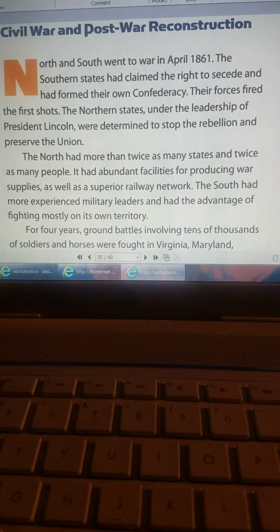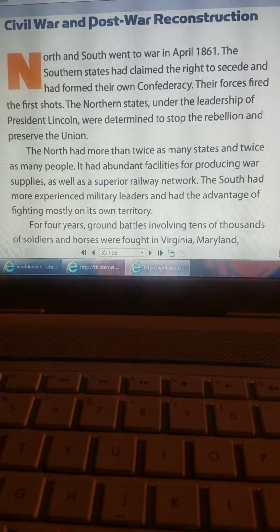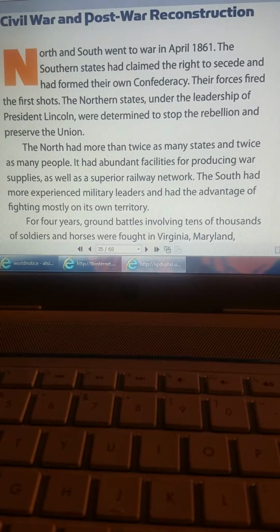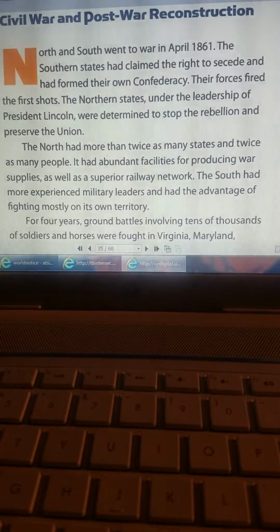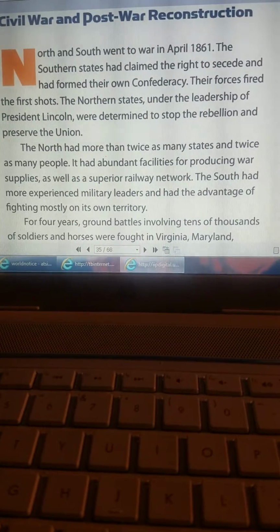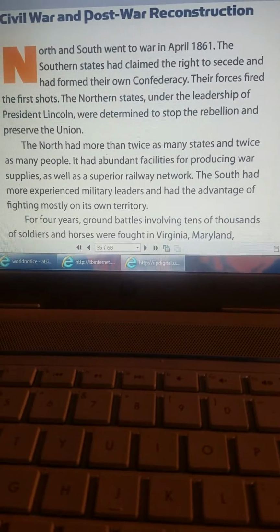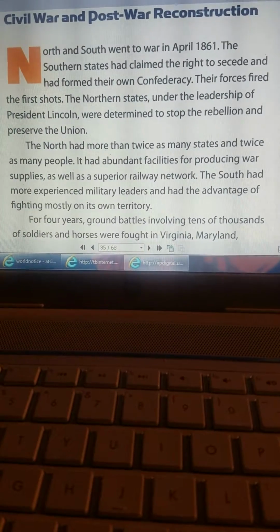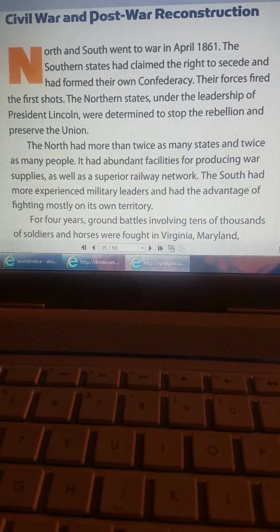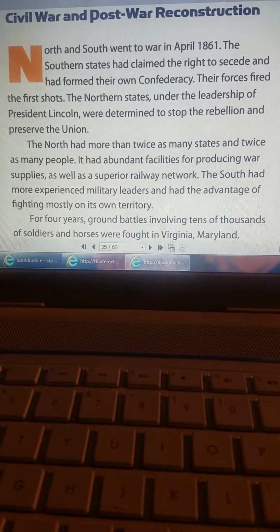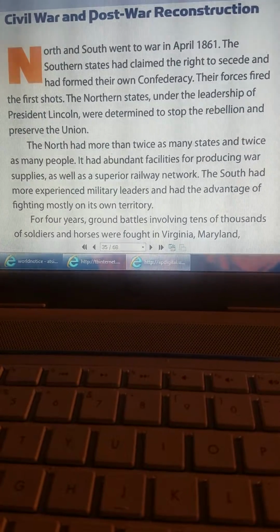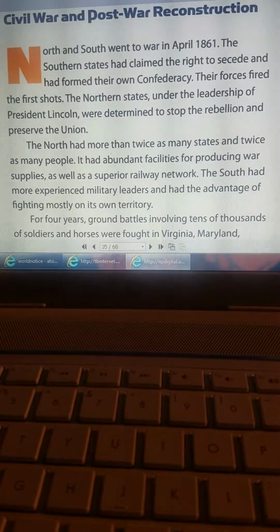North and South went to war in April 1861. The Southern states had claimed the right to secede and had formed their own confederacy. Their forces fired the first shots. The Northern states, under the leadership of President Lincoln, were determined to stop the rebellion and preserve the Union. The North had more than twice as many states and twice as many people.